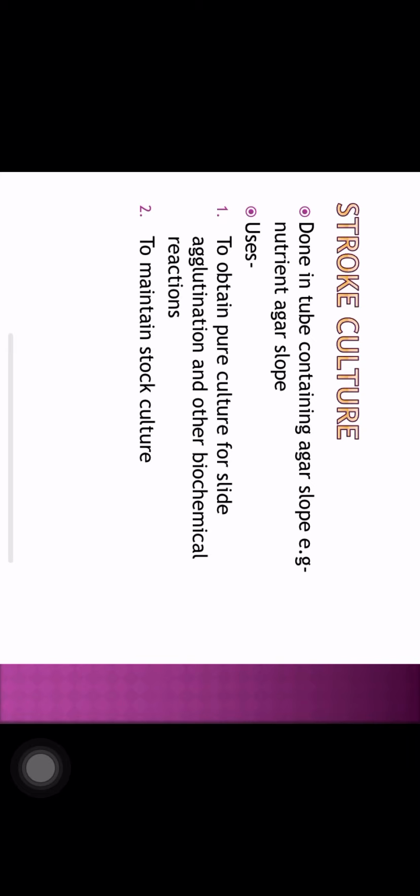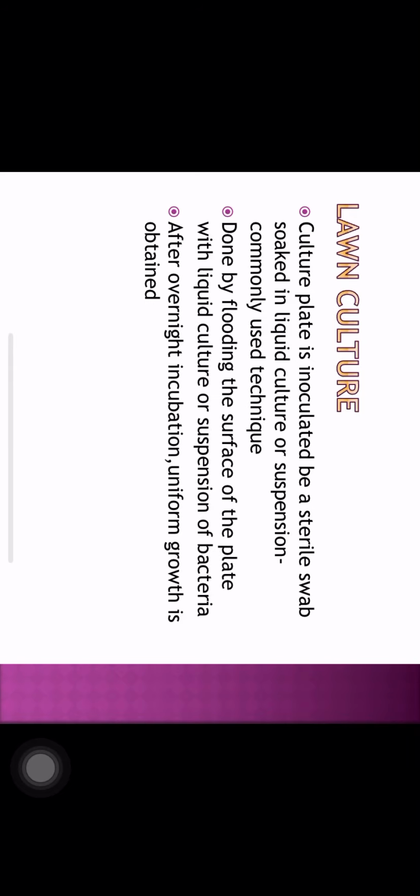So at the bottom there is a well, and from the well there are zigzag lines of inoculation till the top of the medium, and this kind of inoculation is known as stroke culture. Stroke culture is done on agar slants, and is used on nutrient agar slope commonly to obtain pure culture for slide agglutination and other biochemical reactions, and to maintain stock cultures.